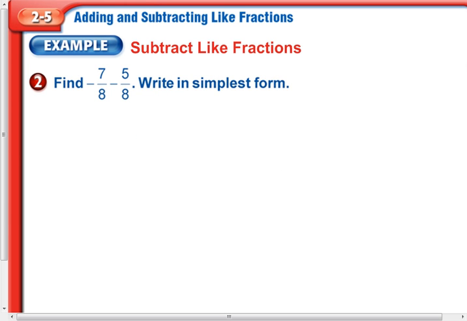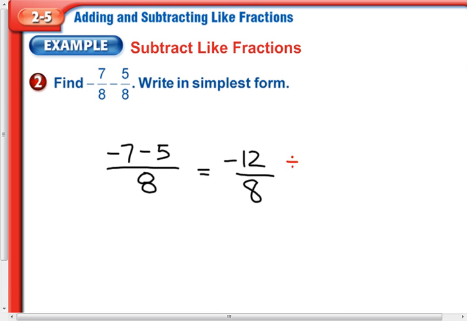Next problem, we actually have a mixed number here. We have 2 5/8 plus 6 1/8, and we need to write it in simplest form. There are 2 ways you can go about this. One way, and actually I think the best way, is to add your whole numbers together. So group your whole numbers. Here are my whole numbers, 2 plus 6.